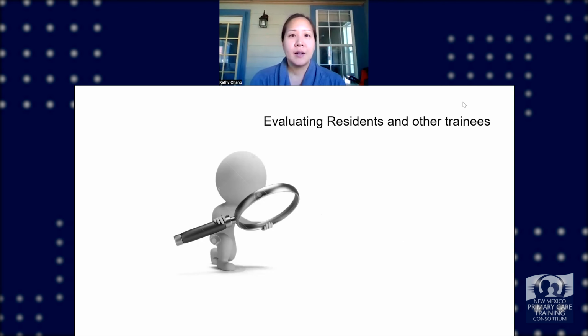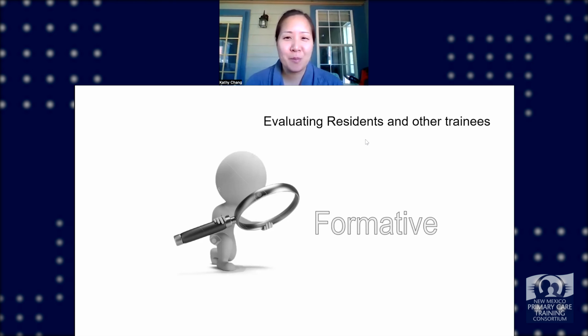So first things here is, what are we focusing on today? Specifically, I'm focusing on evaluating residents. But some of the same concepts can be applied to working with fellows, medical students or PA students, other trainees. Narrowing in on that, there's this concept called formative evaluation, formative assessments.